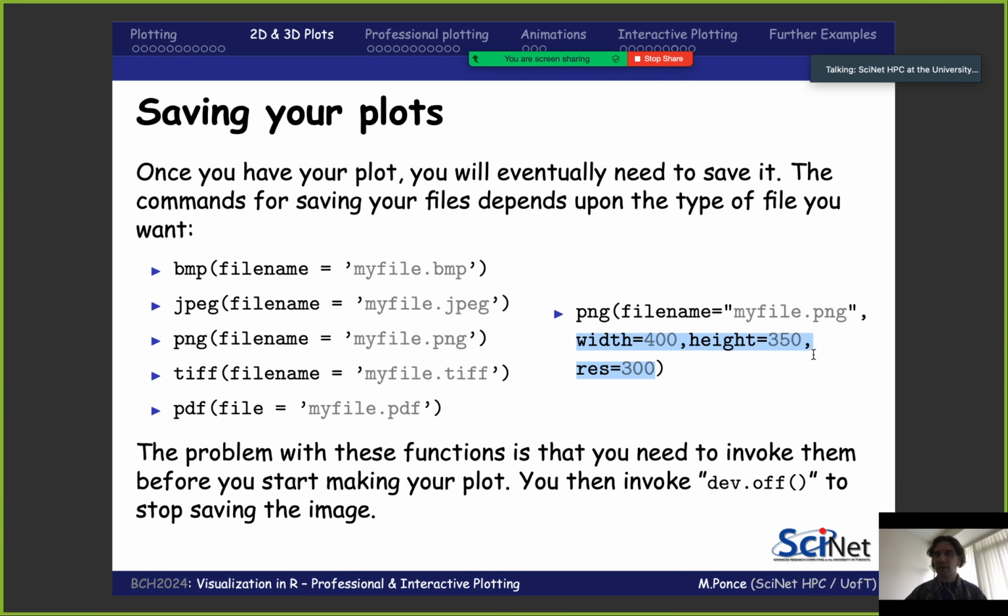It has to be of a given size, and at least 300 or 600 dpi in resolution. That's how you specify it. The last thing before I look into the question is that we need to use the dev.off command, which I mentioned at the beginning of the class, for closing the file. In the same way that you use a closing statement for your netCDF files or any other files, you will use this for closing the files.